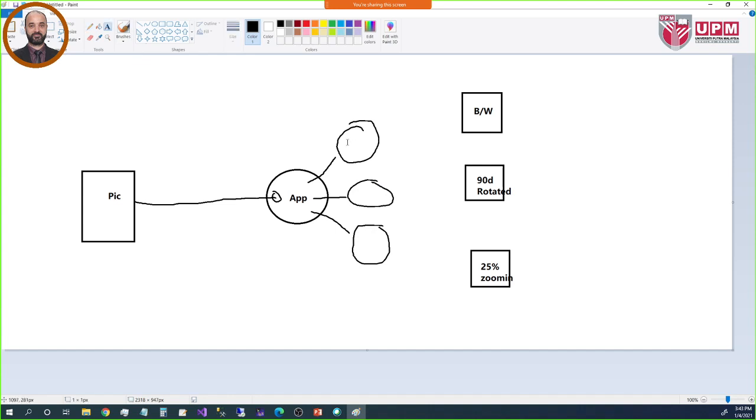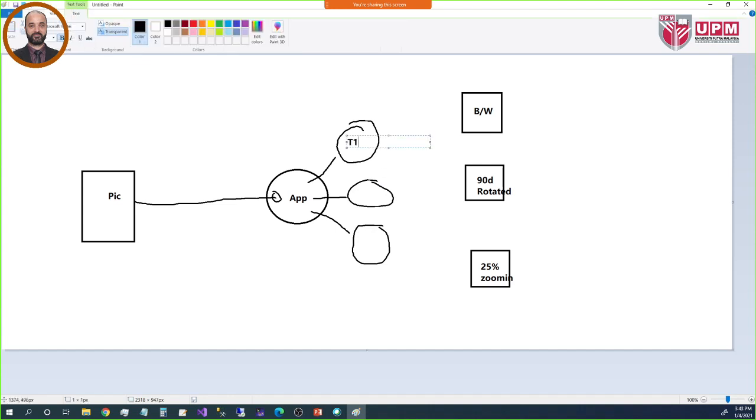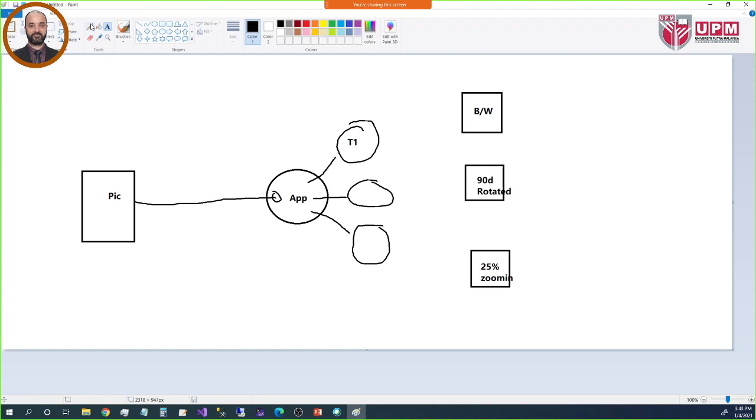Task 1, T1, is going to produce the black and white. Task 2 is going to produce the rotation by 90 degrees. Task 3 could make the zoom in by 25%.